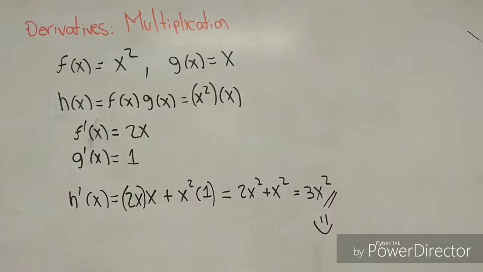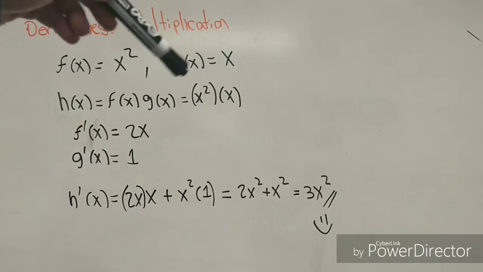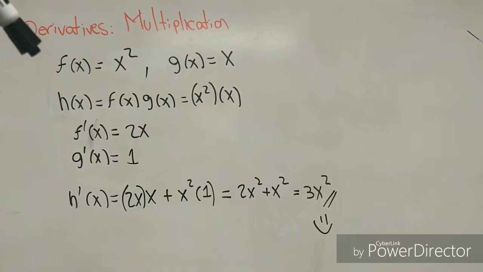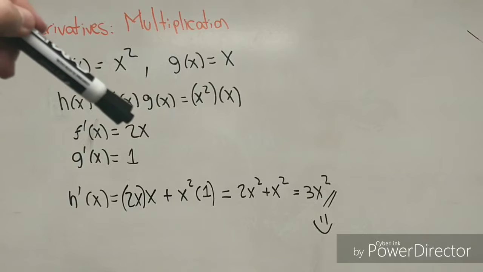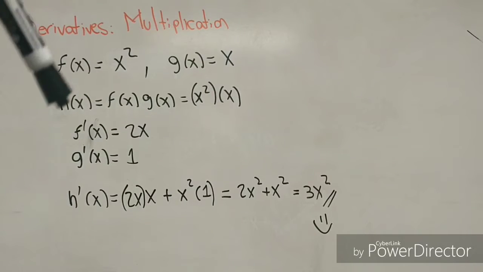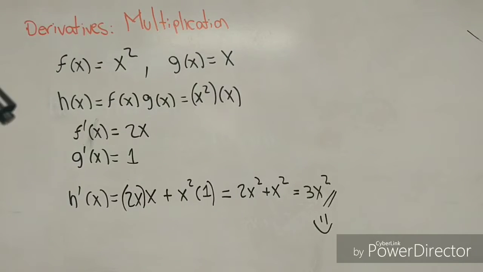So what we're going to do now is use the derivatives of these functions separately. The derivative of f is 2x and the derivative of g is 1, right? And we're going to apply the definition of the derivative for a product, or a multiplication, of functions.